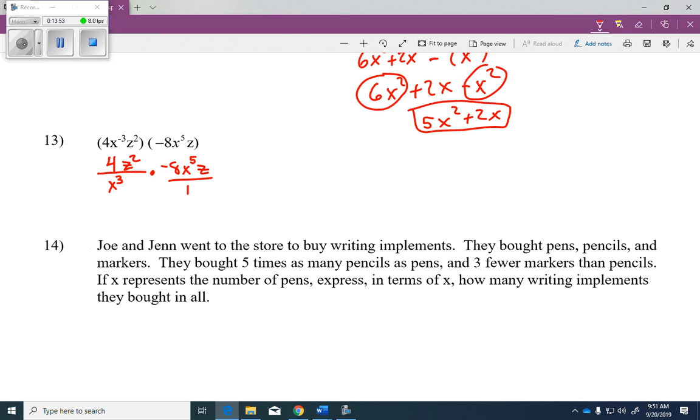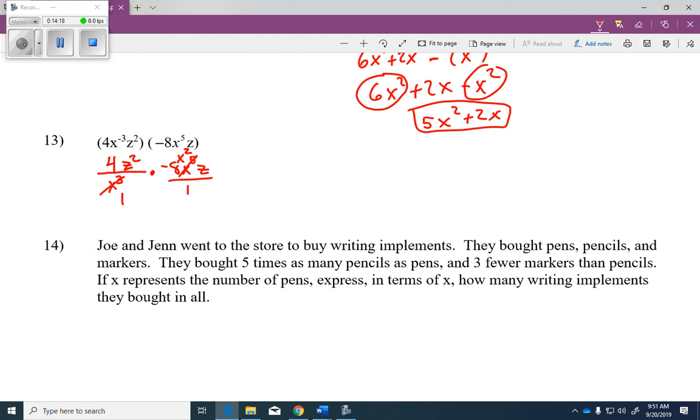So again, there are a few ways you can proceed. One way that you're allowed to do it, since it's a fraction times a fraction, you're allowed to simplify any numerator with any denominator. I notice this x to the 3rd in the denominator will simplify with this x to the 5th in the numerator. Simplifies so that my denominator becomes 1 and my numerator is an x squared.